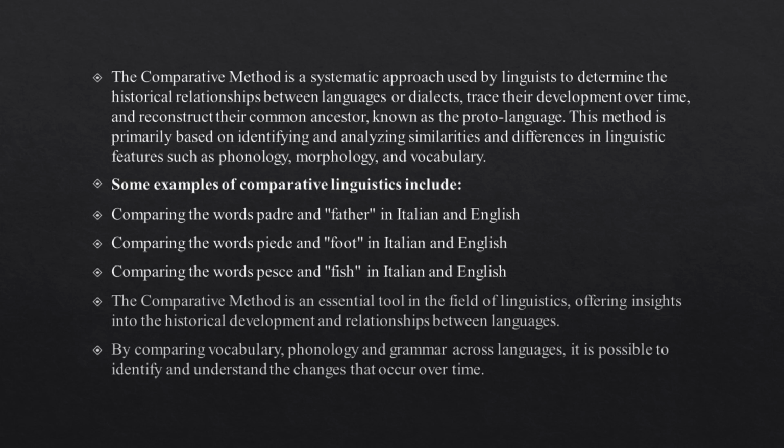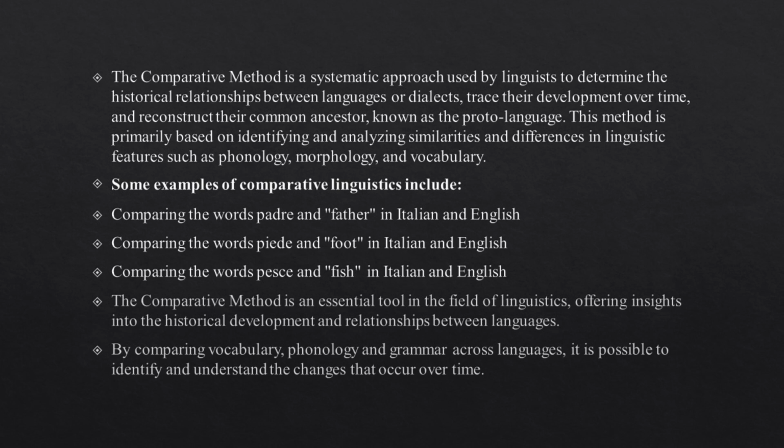Some examples of comparative linguistics include comparing the words padre and father in Italian and English, the words pied and foot in Italian and English, and the words peace and fish in Italian and English.